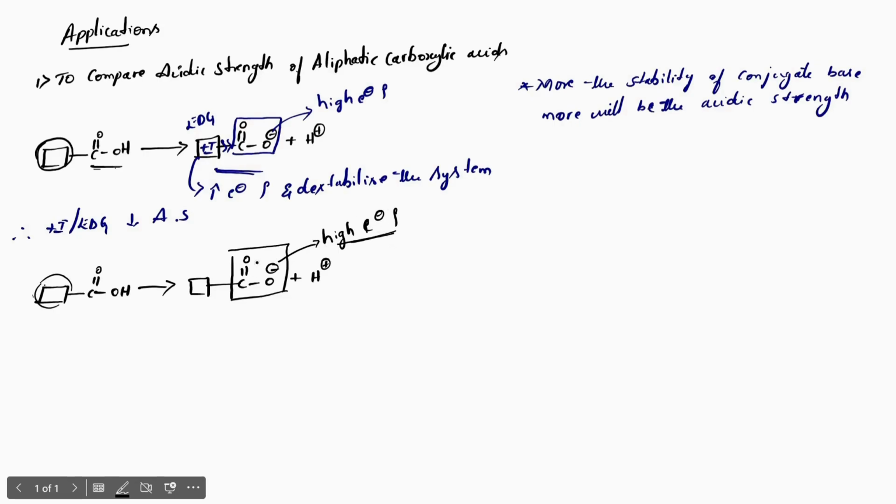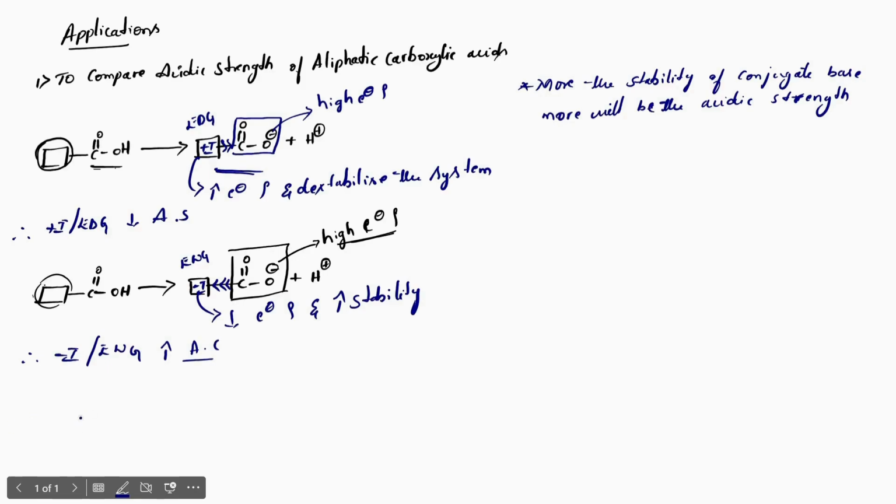So in order to reduce this electron density, we are going to attach negative inductive group. If the negative inductive group is attached, what happens? That means electron withdrawing group. It withdraws the electron towards itself, decreases the electron density and increases the stability. Therefore, negative inductive effect or electron withdrawing group increases the acidic strength.